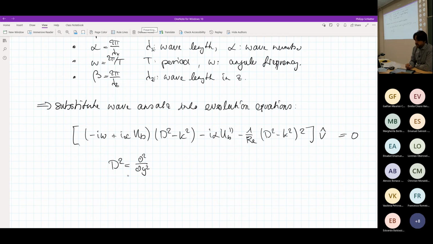So this is shorthand for the derivative operator. K squared, at the same time, would be the total wave number. So in this case, it would be alpha squared plus beta squared.